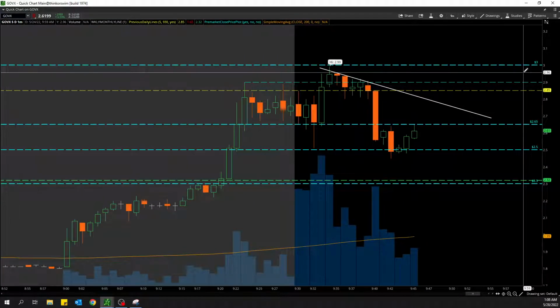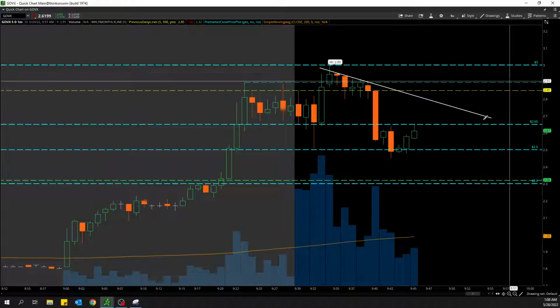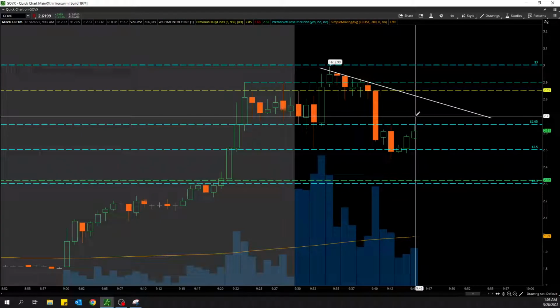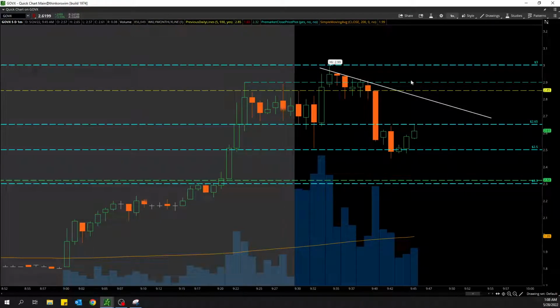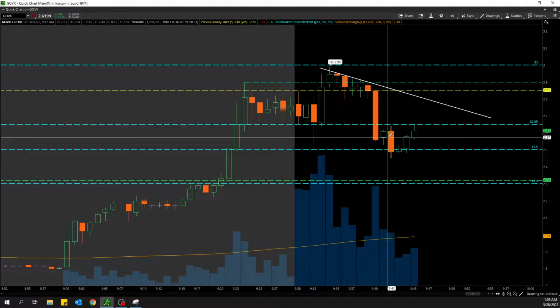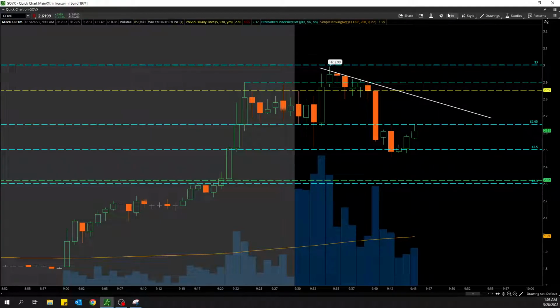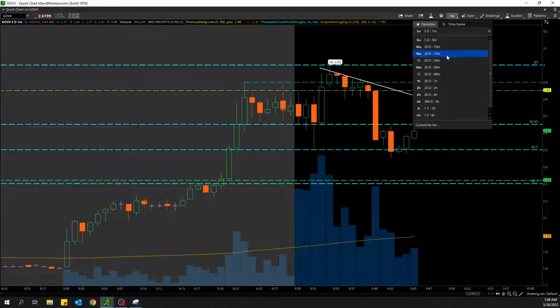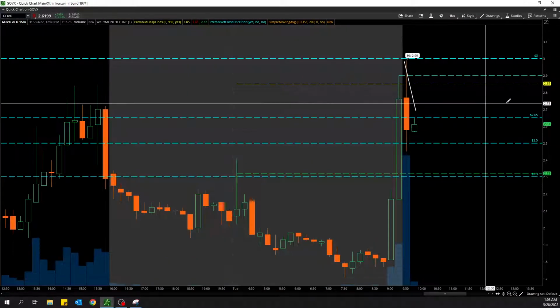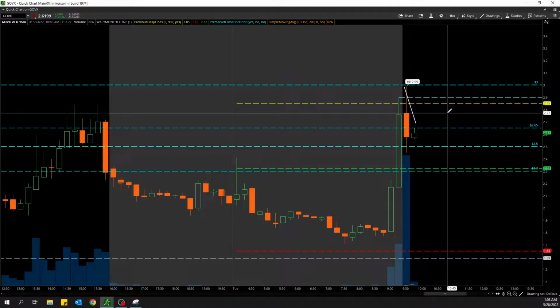So now that we have the new 15 minute come in, again, this is about 9:46 a.m. We're starting to see that it's really pulling away from that $3 area. Now, when I switch over to a 15 minute, you're starting to look at it like this.